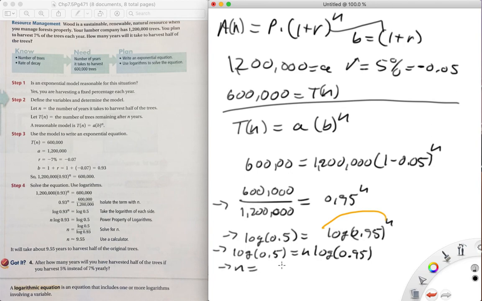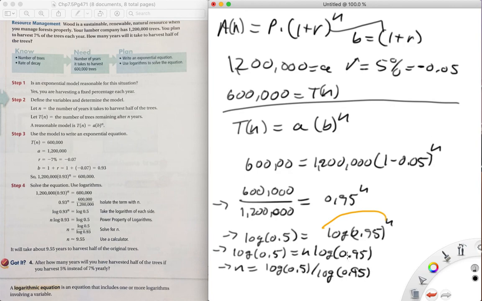Divide both sides by log 0.95, and we get that n is equal to log 0.5 divided by log 0.95. That's going to get us the number of years.